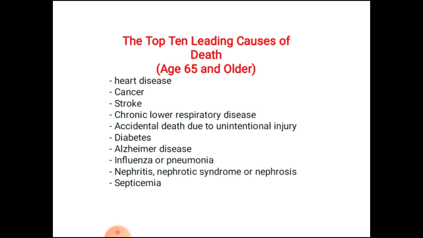The top 10 leading causes of death, according to researchers, in age over 65 and elder are: heart disease number 1, cancer, stroke, chronic lower respiratory disease, accidental death due to unintentional injury, diabetes, Alzheimer's disease, influenza or pneumonia, nephritis, nephrotic syndrome, and nephrosis.